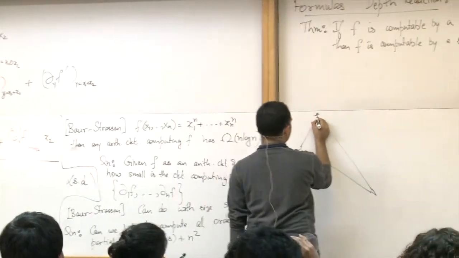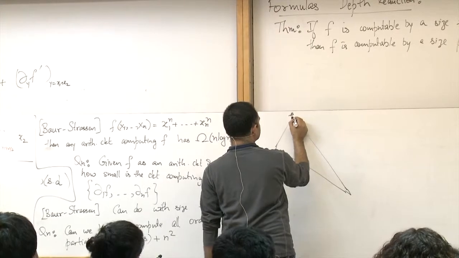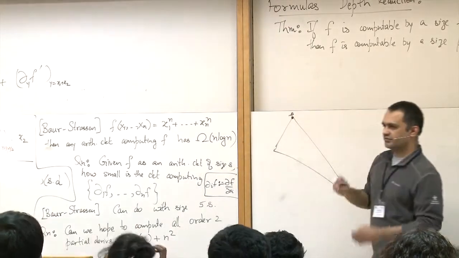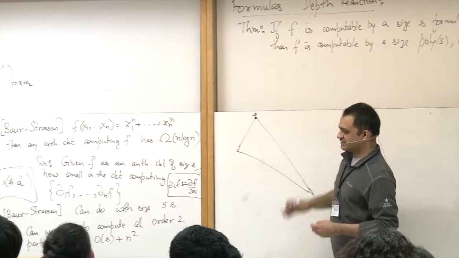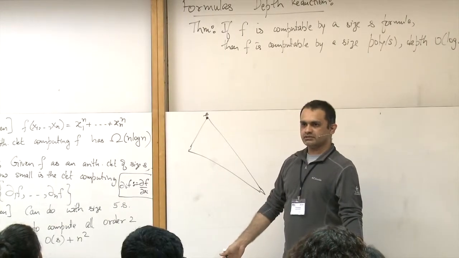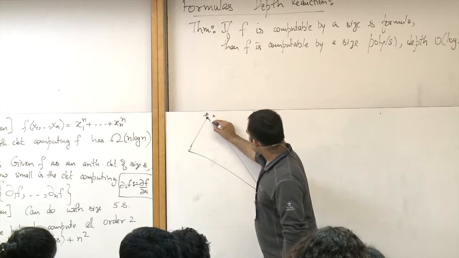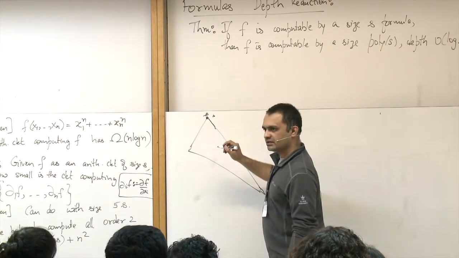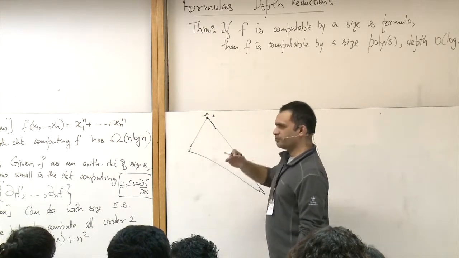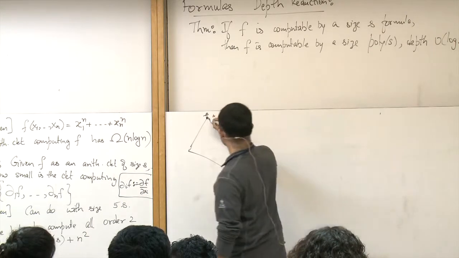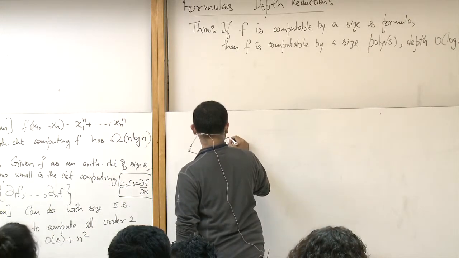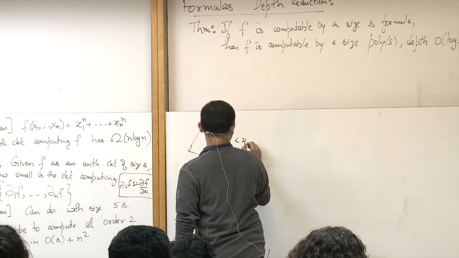Now, for each node in the circuit, you can just look at the size of the subtree under it. To begin with, it's S. I'm going to start walking down the rightmost path and look at the first point where I drop below, let's say, 2/3 of S.